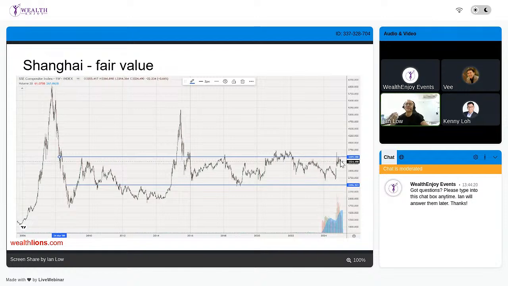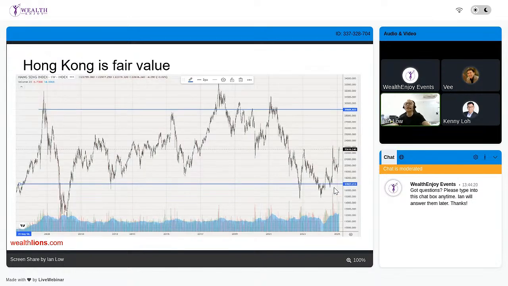Later you shall see the chart on Mapletree Pan Asia Commercial Trust. It has pulled back, and I would use it as a proxy to enter the Chinese market. It's still fair. I don't mind going, but I will use something I'm very familiar with in Singapore to go in.